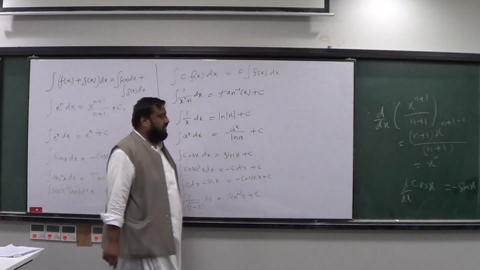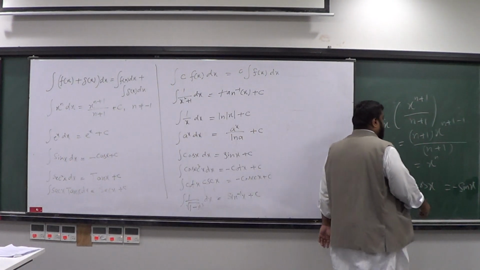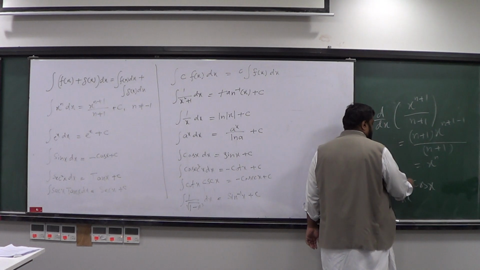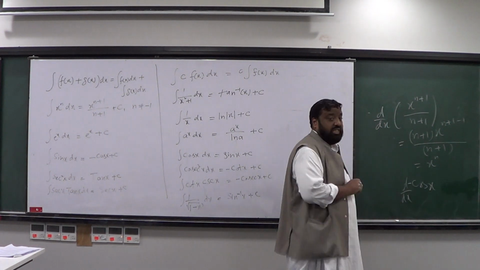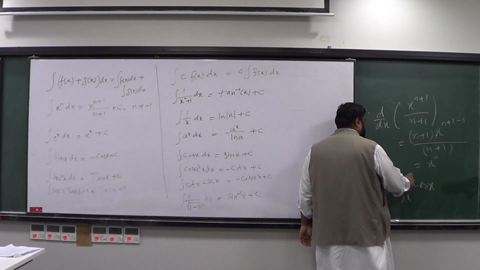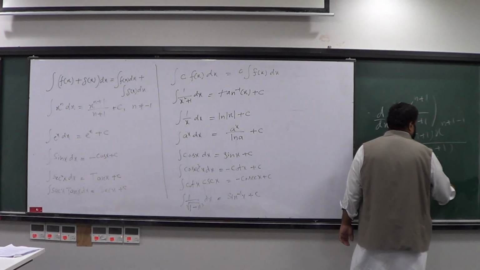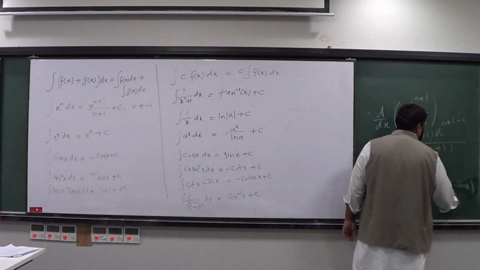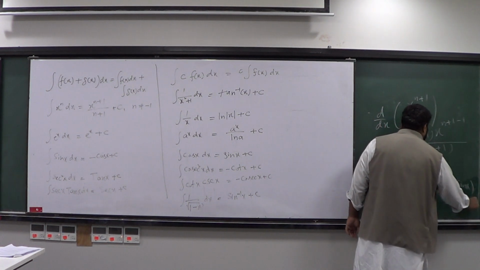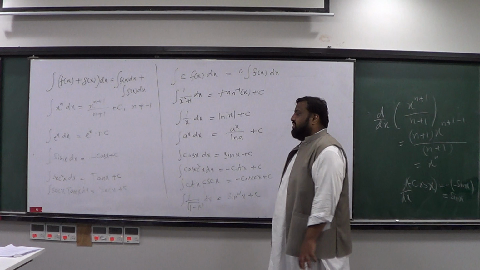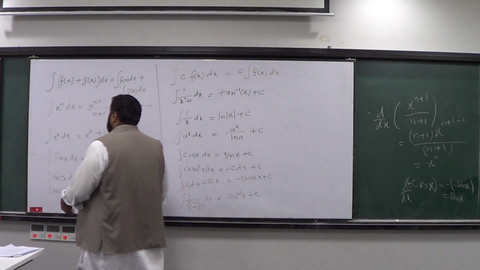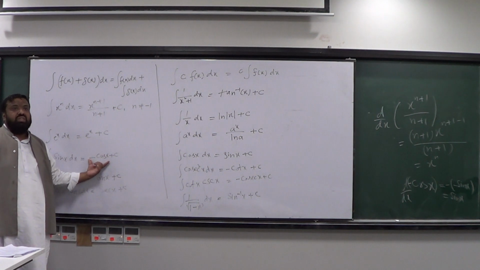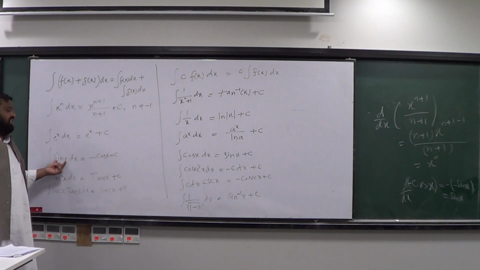So instead of computing the derivative of cos x, let's compute the derivative of minus cos x. You are going to get minus, minus sine x, which is sine x. So this makes sense why the integral of sine x is negative cos x, because the derivative of negative cos x is sine x. Simple.